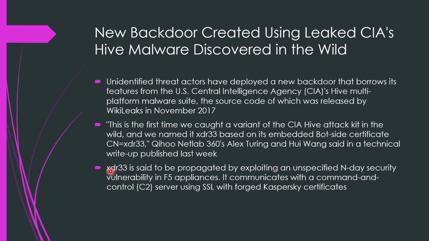XDR33 is said to propagate by exploiting an unspecified N-day security vulnerability in F5 appliances. It usually communicates with a command and control (C2) server using SSL with forged Kaspersky certificates. You must understand command and control (C2) servers.